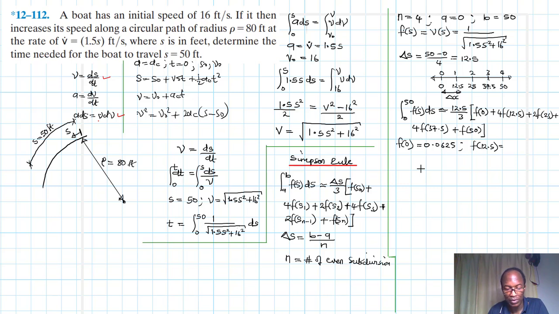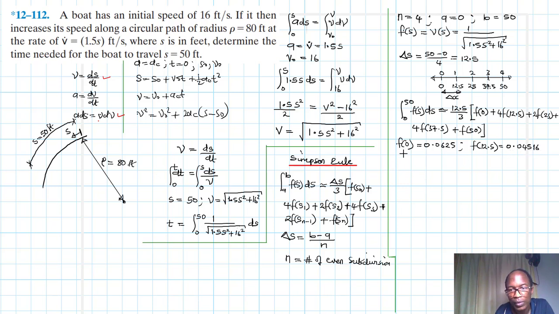So there we go, that one is for 12.5. What do we get? We have 0.04516, minimum of 4 significant figures for me, 4516.